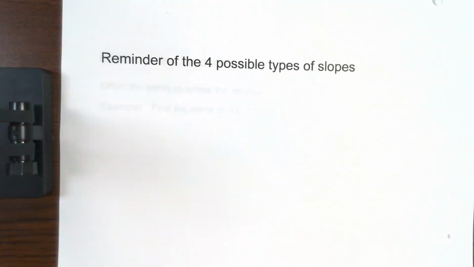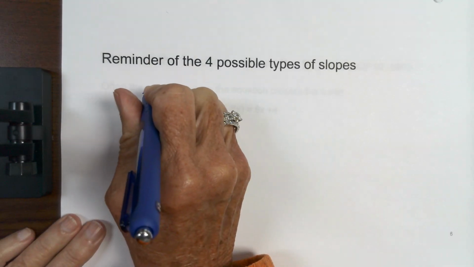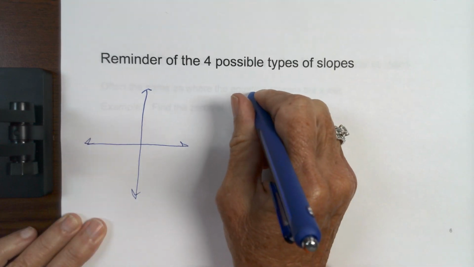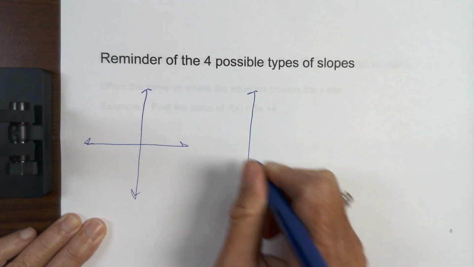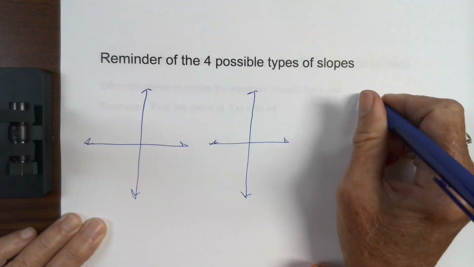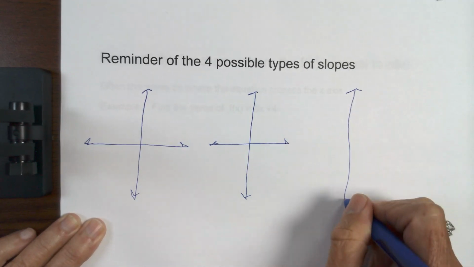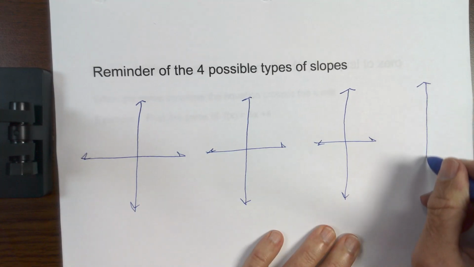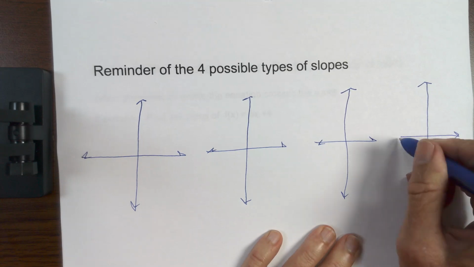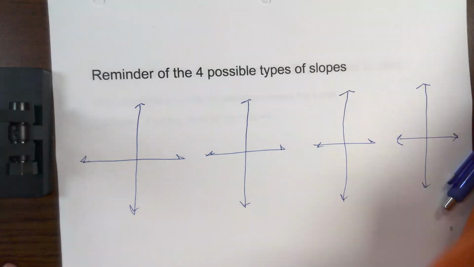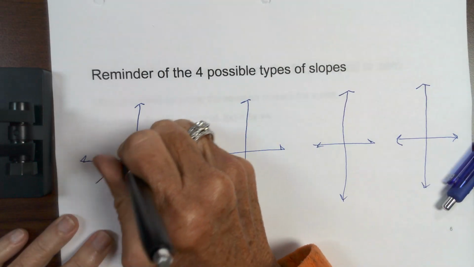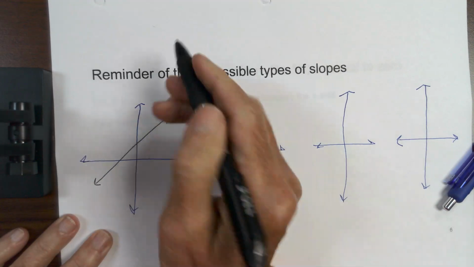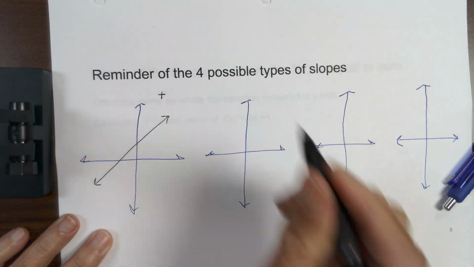Let me remind you of the 4 possible types of slopes. Let me draw 4 graphs on here. Well, it's not very straight. All right, if I have a line that rises, in other words, when I go from left to right it's going up, that is a positive slope.